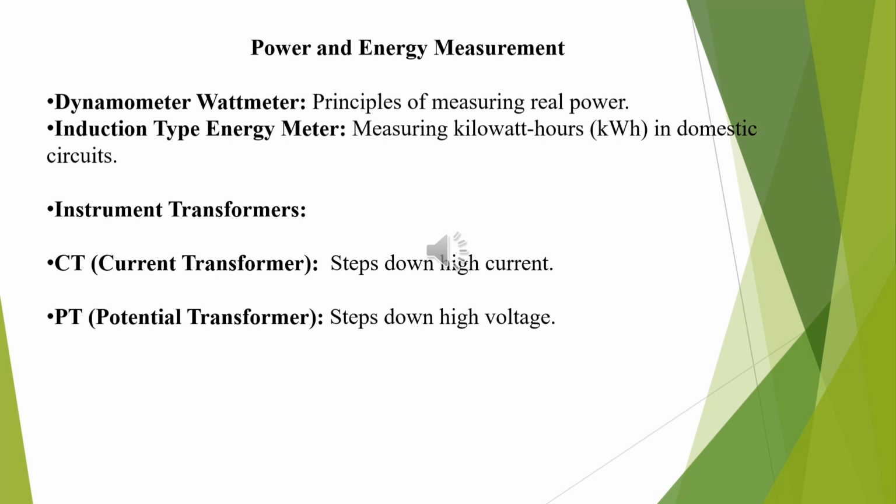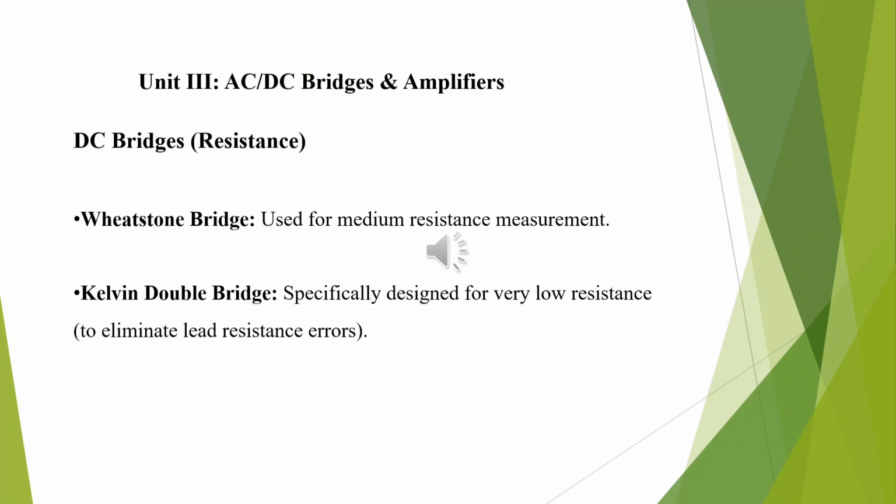Also study about instrument transformers, current transformer and the potential transformer. The current transformer is used to step down the high current and the potential transformer is used to step down the high voltage.